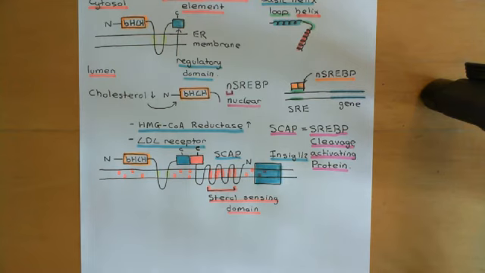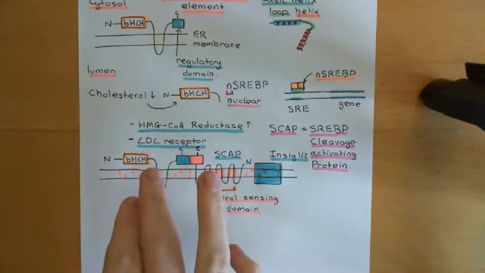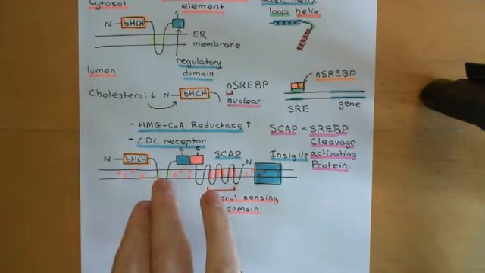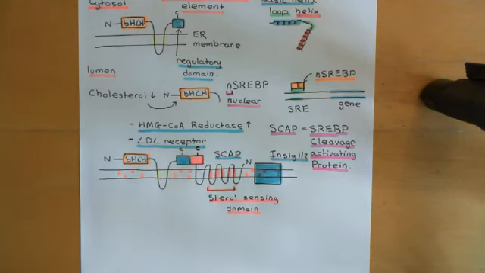It stops it moving from the ER membrane, and that's really important because for the SREBP to be cleaved, it has to move to the Golgi basically. It can't be cleaved in the ER membrane. To be cleaved up, it has to go to the Golgi membrane.